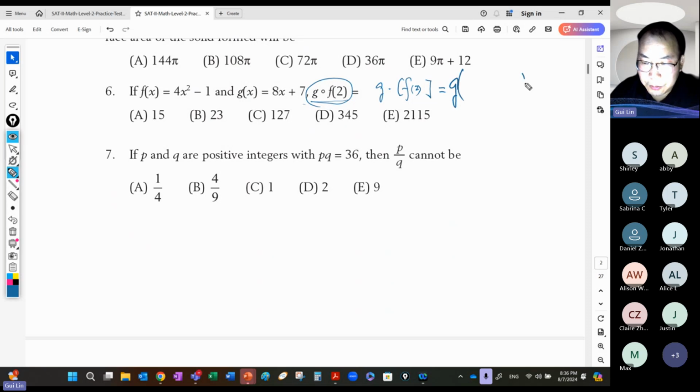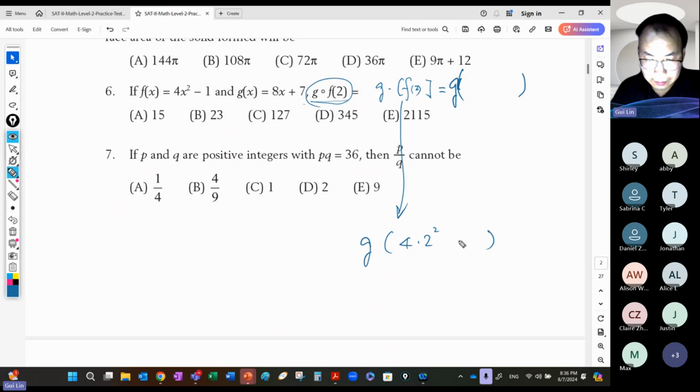So f(2) equals what? The screen is somewhere wrong. Let me write it down here. So f(2) becomes 4 times 2 squared minus 1. So you get 15, right?